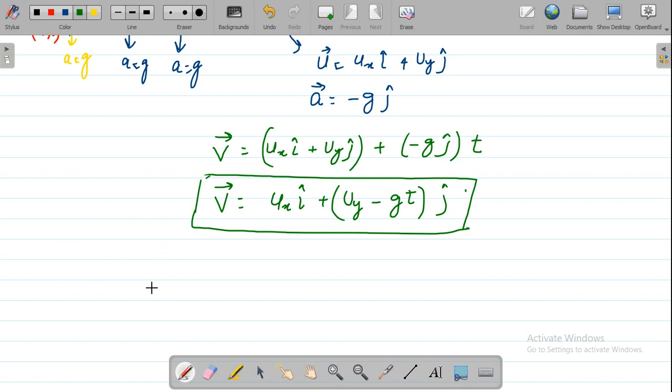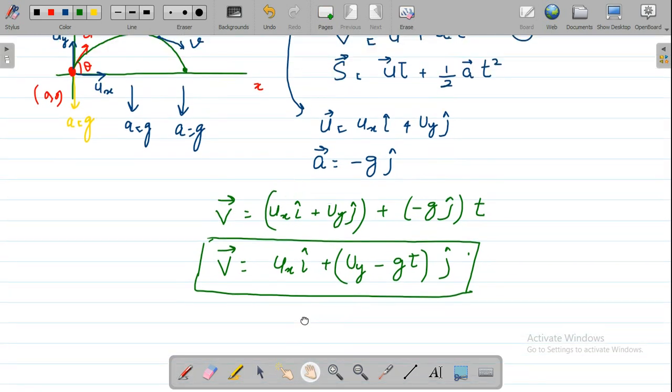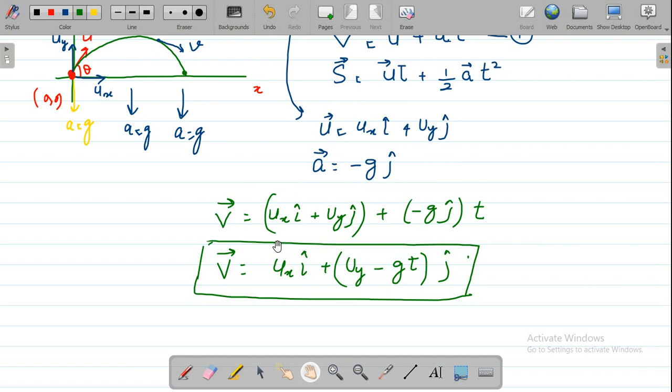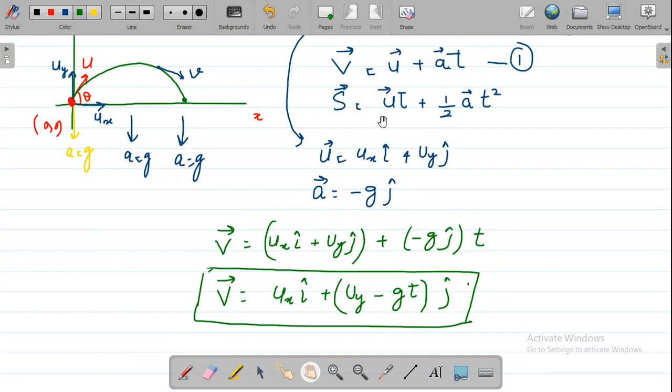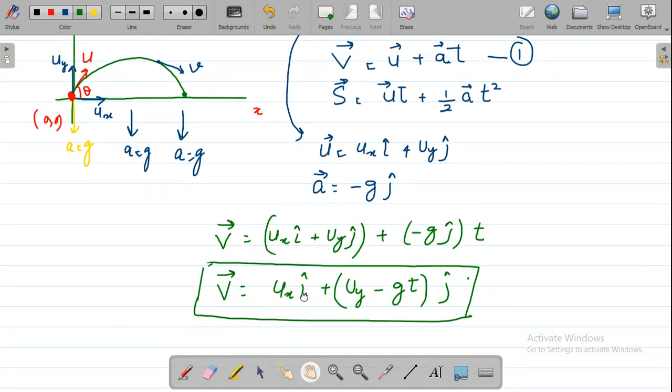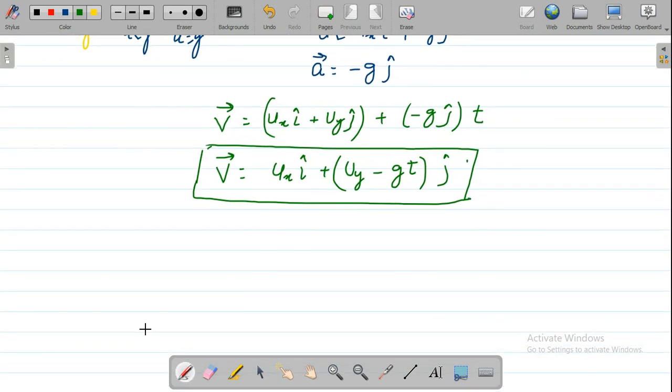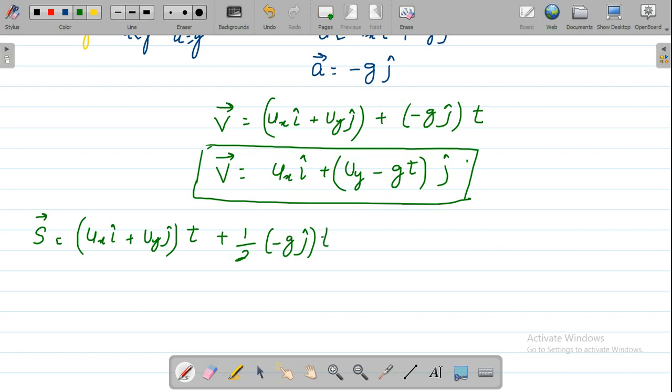Second thing, if we have to find displacement, that's s, this is the formula: s is equal to ut plus 1/2 at square. So we can write s is equal to ut, u means ux i plus uy j, that's ut, plus 1/2 at square. What is a? It's minus g j cap, times t square.